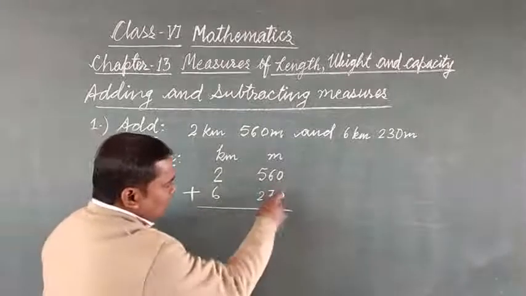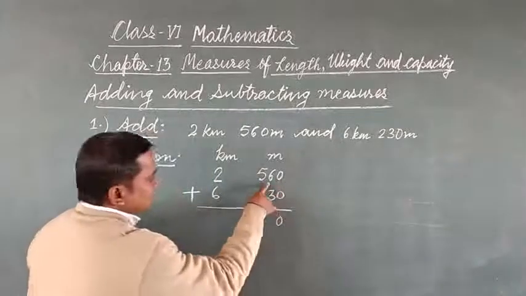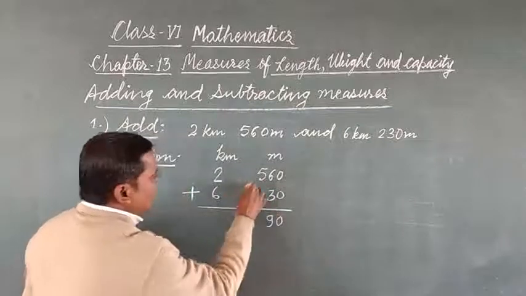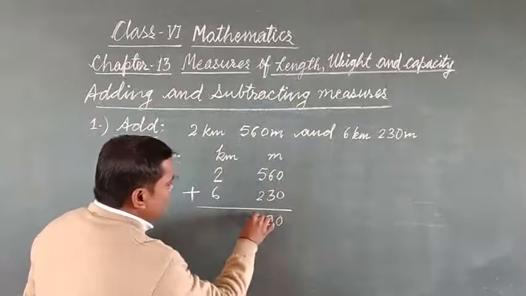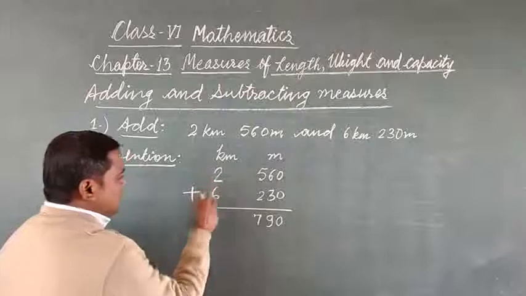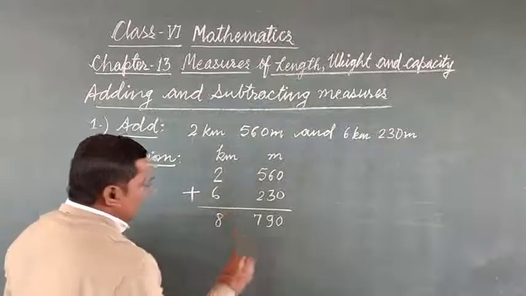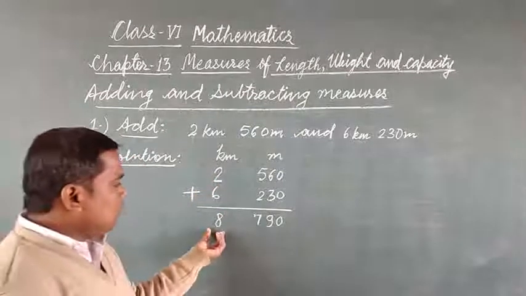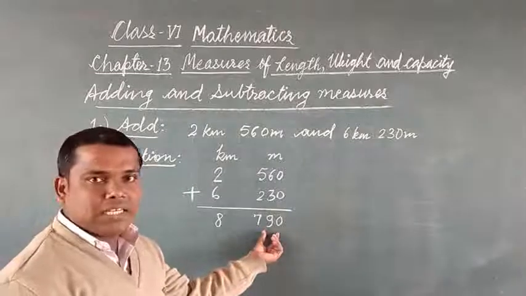Then we will put the addition symbol and we will add. So 0 plus 0 is 0, 6 plus 3 is 9, 5 plus 2 is 7 and 2 plus 6 is 8. So our answer will be 8 kilometer 790 meter.